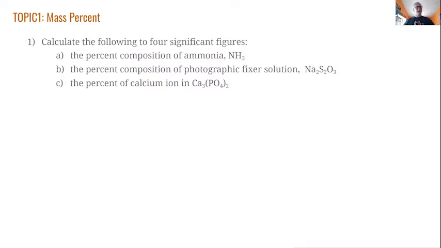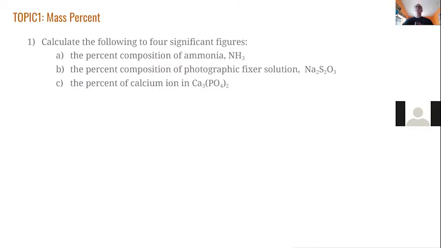So percent composition, what can people tell me about what percent composition means? When I say percent composition, what is it we're actually trying to figure out? Like the percent of a specific atom in a sample.